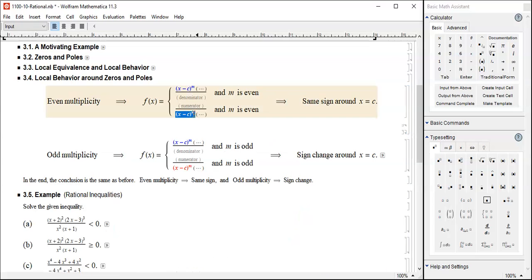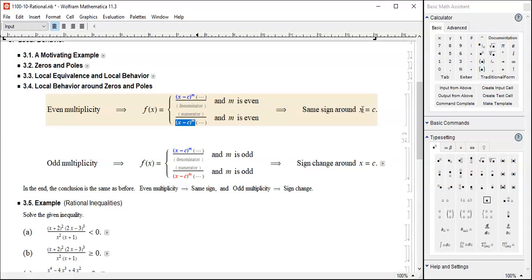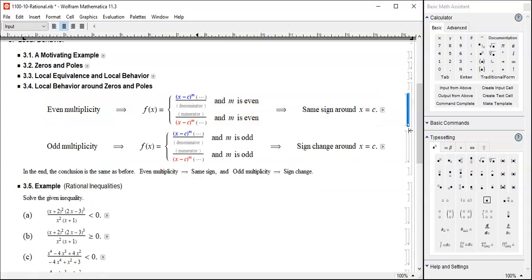So some constant times 1 over x minus c to the m power. From there, we can get the local property of the original rational function, and they both say the same thing, same sign around x equal to c.